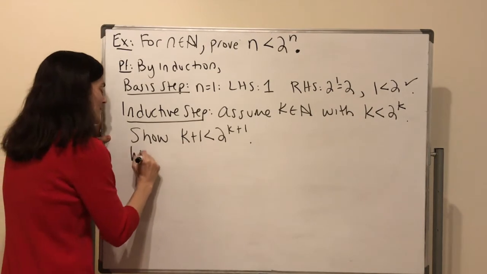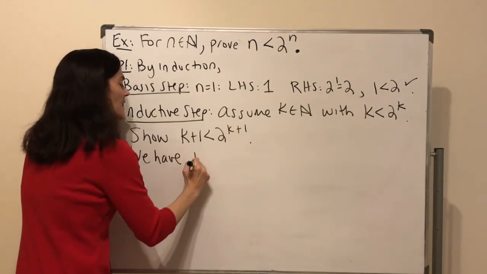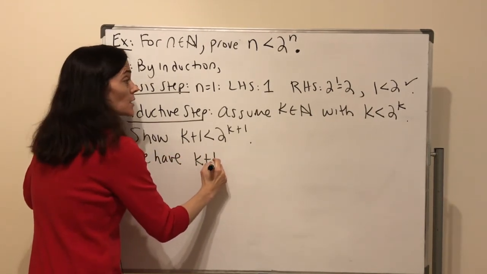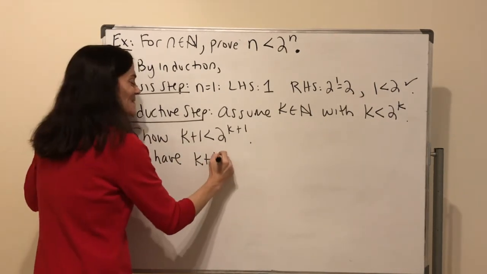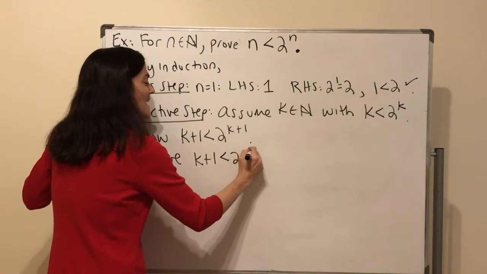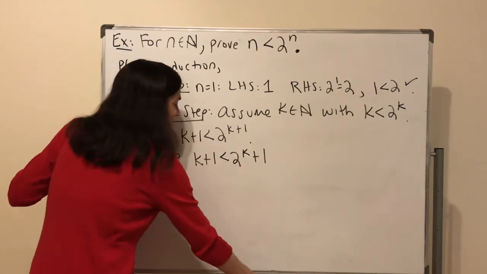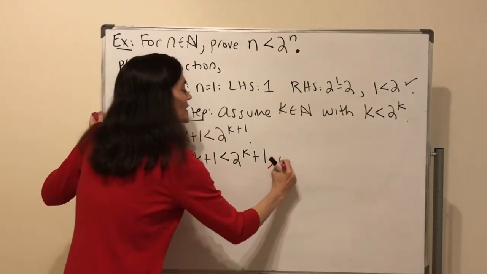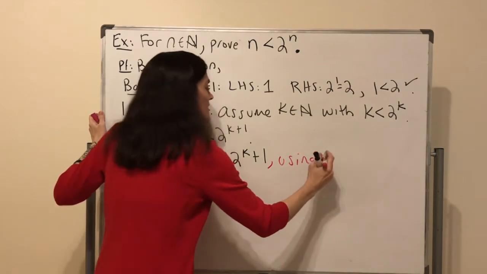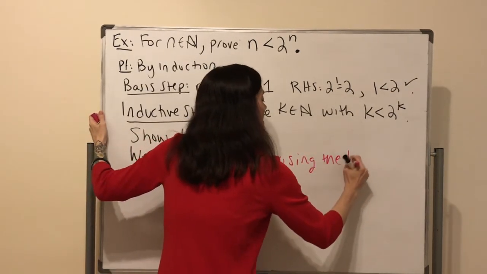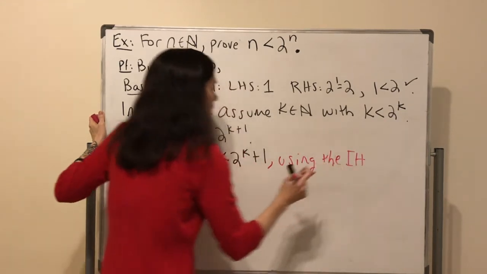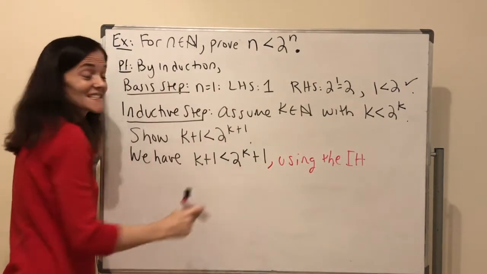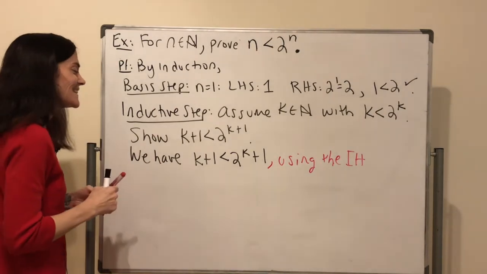Okay, we have k plus 1. Well, this is less than 2 to the k plus 1. And this is where I used the inductive hypothesis right here. k is less than 2 to the k.